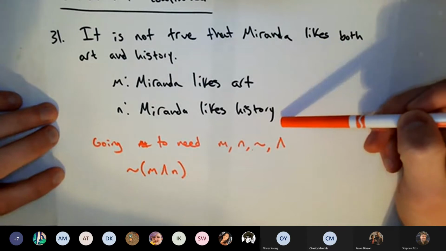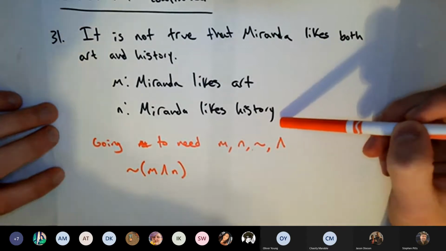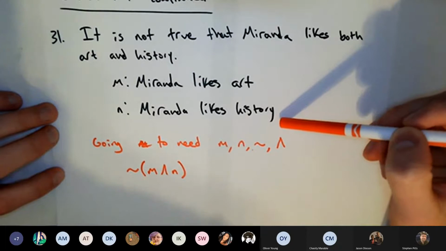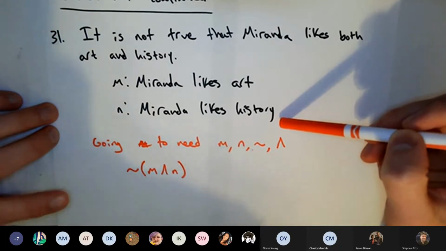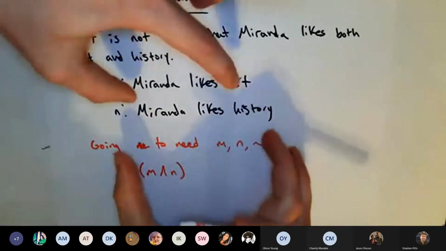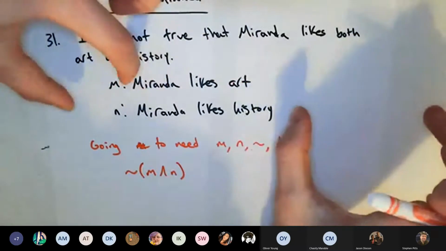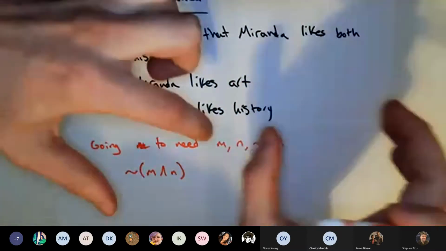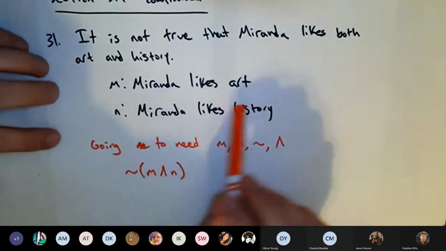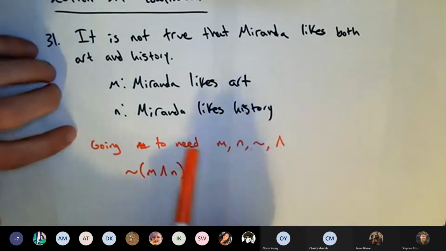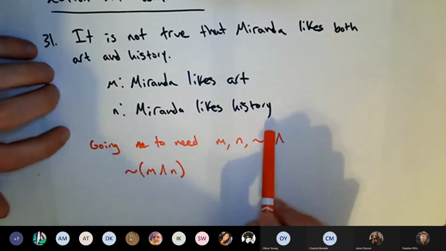It's just when you write an English sentence, we tend to try not to be redundant. A normal person wouldn't say Miranda likes art and Miranda likes history. They would just say Miranda likes art and history, right?